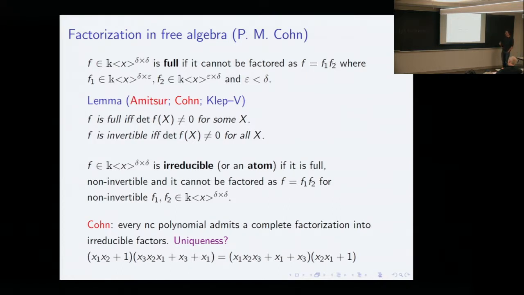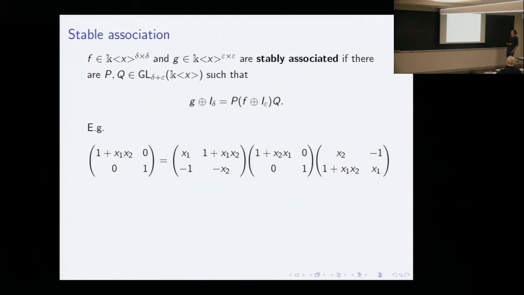So we want to make up for that first, and we have this notion of stable association. Again, it's due to Cohn, or maybe even older.